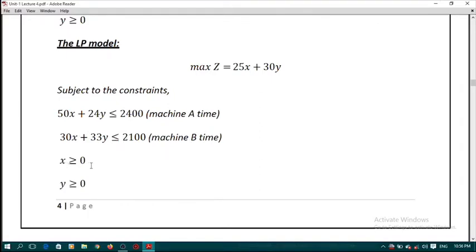Here x greater or equal to 0, y greater or equal to 0. So here in the structure of the LP model, you can observe this is the objective function, x and y are decision variables, these two are constraints, and these two represent the non-negativity condition. So this is the LP model for the given problem.